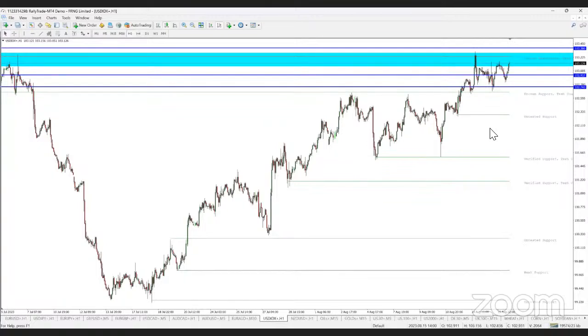How you will know that dollar index is weak or strong is that if dollar index is buying, then it is strong. If dollar index is selling, then it is weak, just like every other instrument. Strong when buying. Perfect. That's it. If dollar index is buying, then it is strong, but if it is selling, then it is weak.